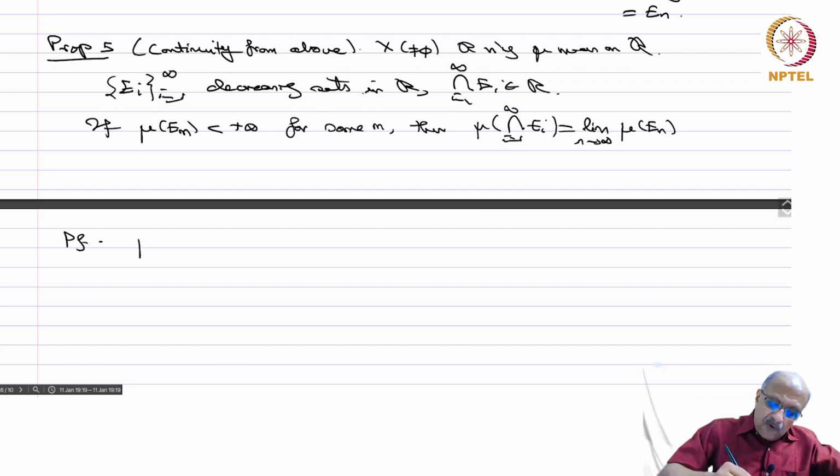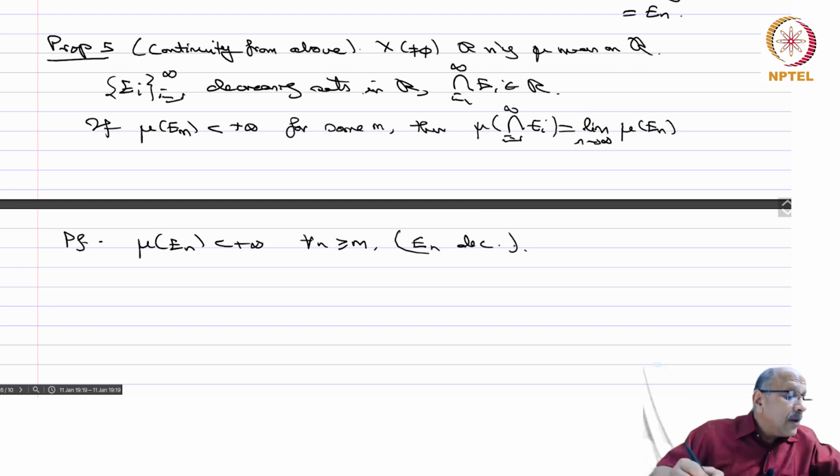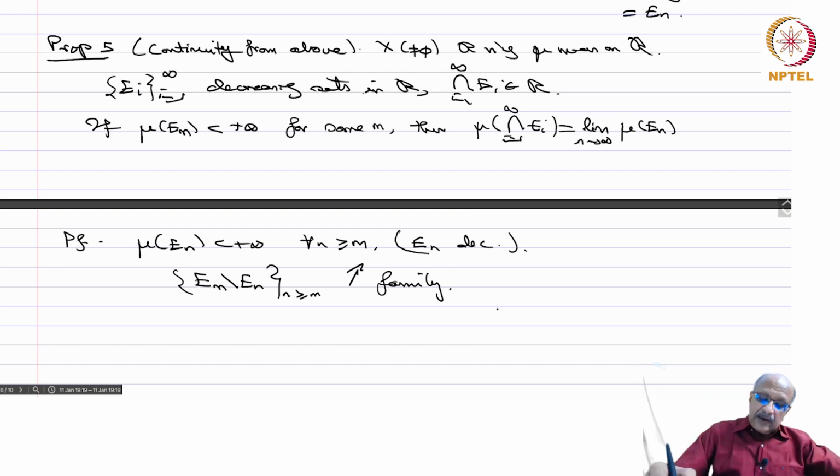So proof, we have mu of E_n is less than plus infinity for all n greater or equal to m, because E_n is decreasing. Okay, and you have E_m minus E_n, n bigger than or equal to m, is an increasing family, because the E_n are decreasing. If you take the complements, they will be increasing.